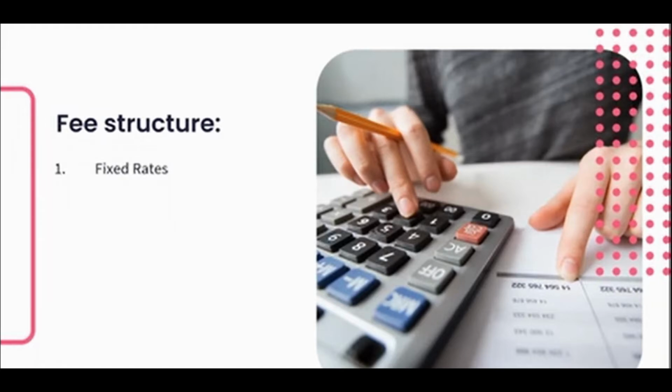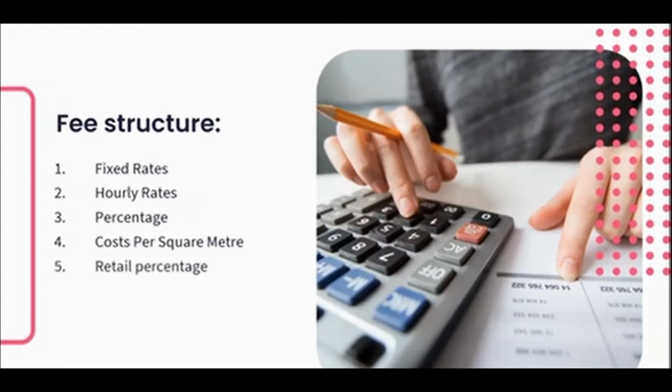We start off with a fixed rates method. We then have an hourly rates method, a percentage fee structure method, cost per square meter or cost per square foot, and then a retail price percentage. But when it comes to your fee structures, you obviously would be presenting these during your initial interview with your client. As an interior designer, we need to explain the options available to the potential clients.